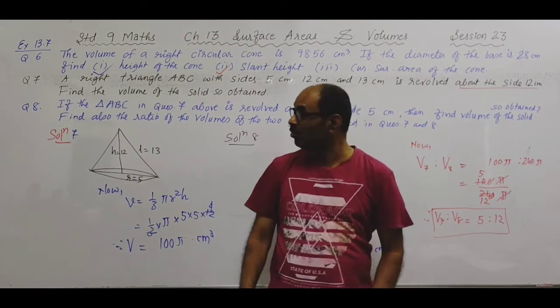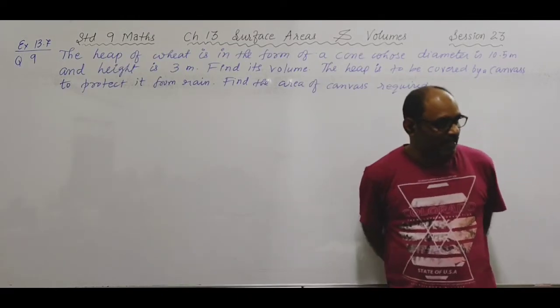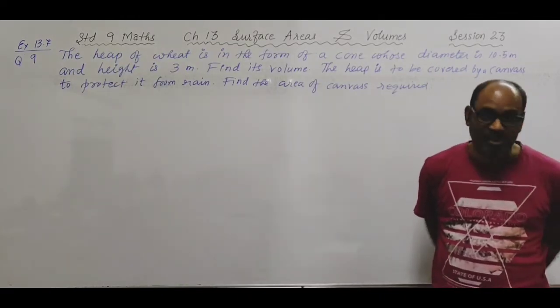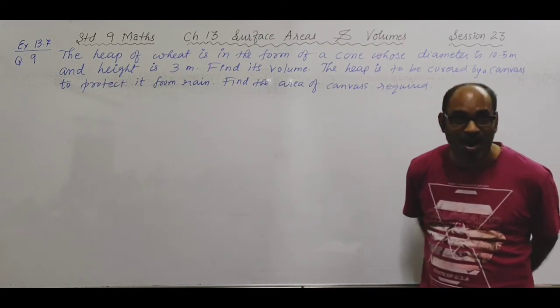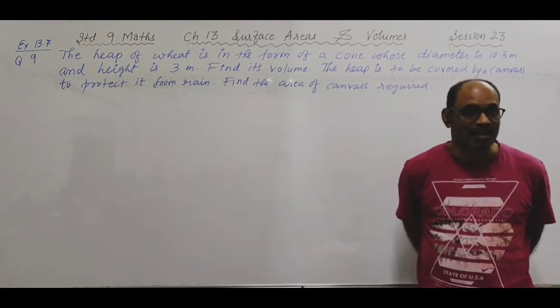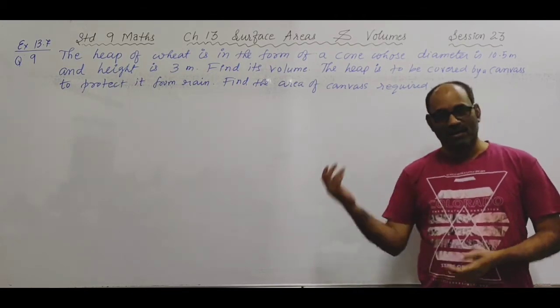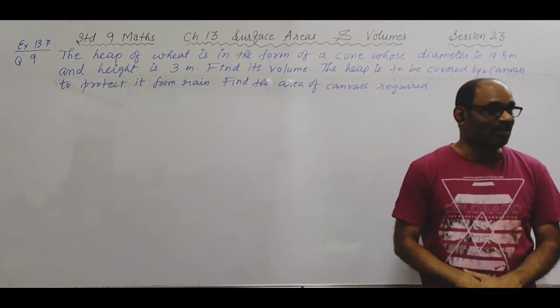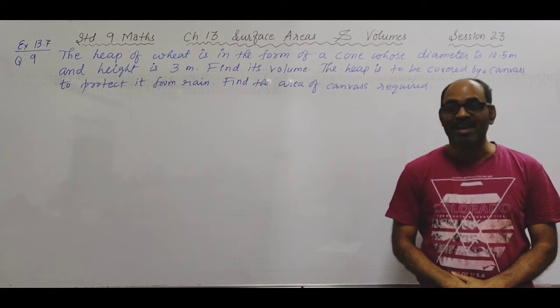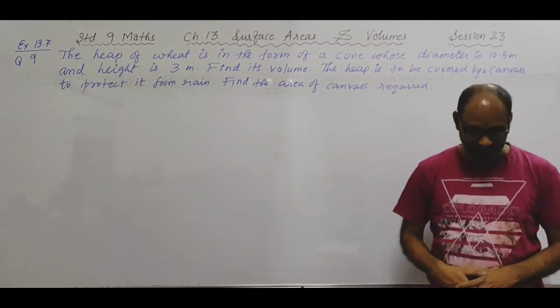Okay, so now we move on to the last question of this exercise. So children, let's see the last question of exercise 13.7 and that will conclude the sums related to the volume of cone. फिर आगे का concept spheres and hemispheres and that would be the last concept of the chapter as well.